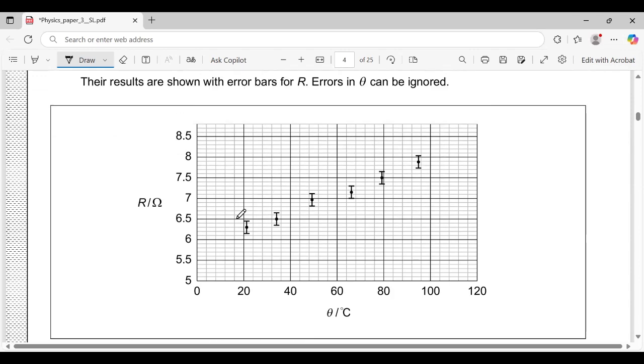So to create the graph, we are connecting this initial point to the final point, like this. Okay. Next question.